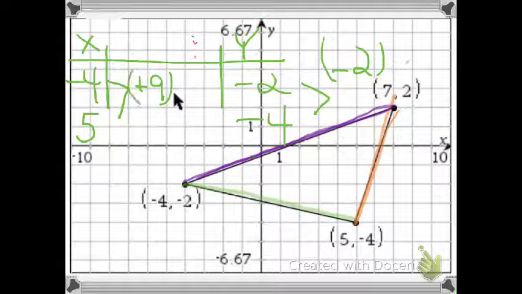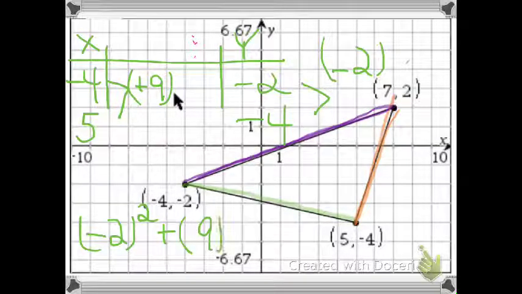So now what I'm going to do is I'm going to basically apply my Pythagorean theorem. So -2 squared plus 9 squared. And when I work all that out, I'm going to get 85. And so the distance of this green side is the square root of 85.